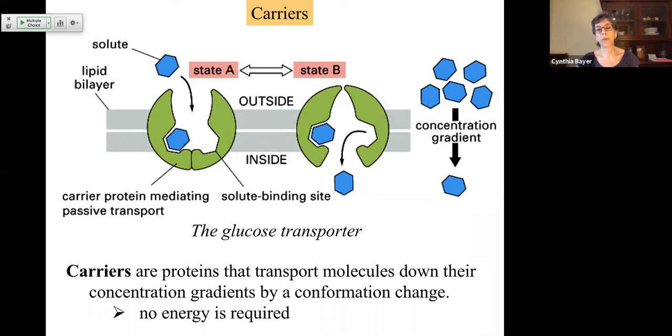And as we said on Wednesday, it's a little bit different if you're talking about a charged solute, where not only the difference in concentration on both sides of the membrane comes into play as a driving force for the diffusion of this solute, but if we're looking at a charged molecule, we have to take into consideration the charges that are associated with our membrane. That's what we're going to look at on our next slide.